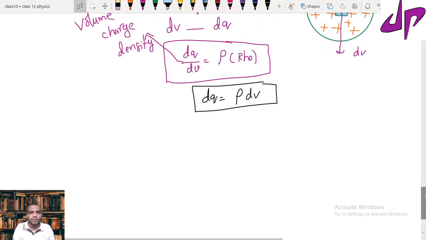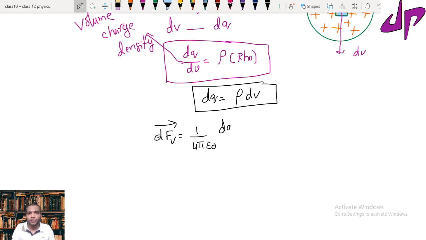Now we will write the small force due to the volume object at a point P equal to 1 over 4 pi epsilon naught, small charge dQ times test charge Q naught by r square, and its direction along r roof.